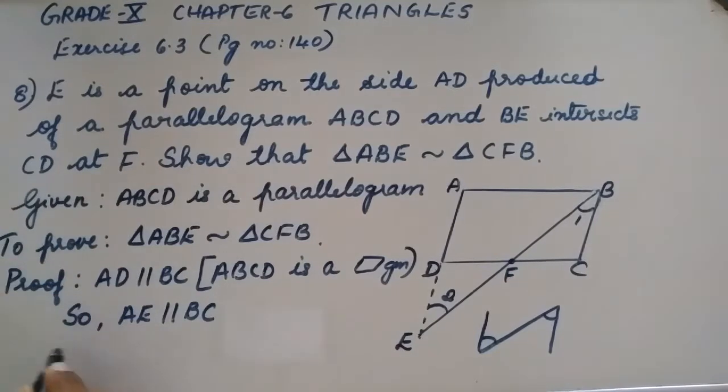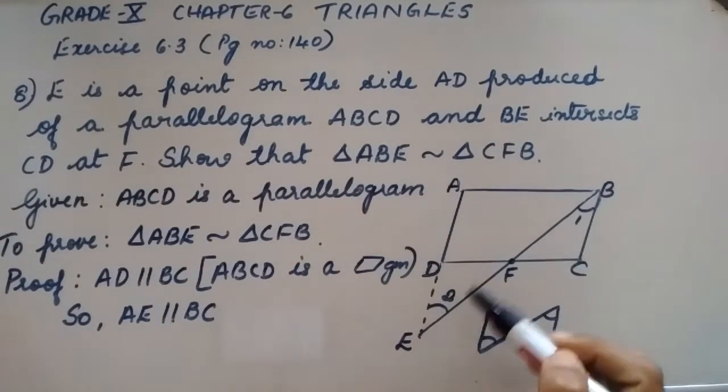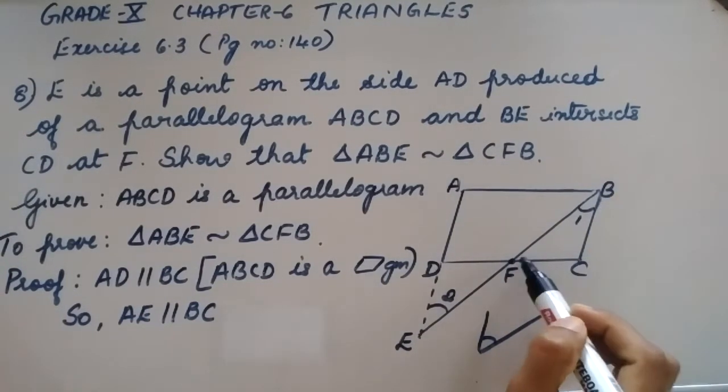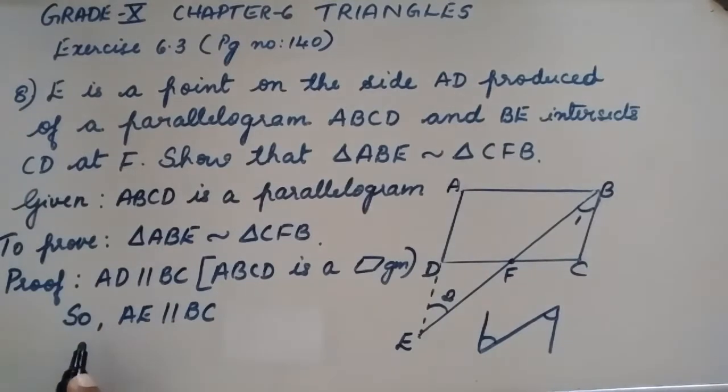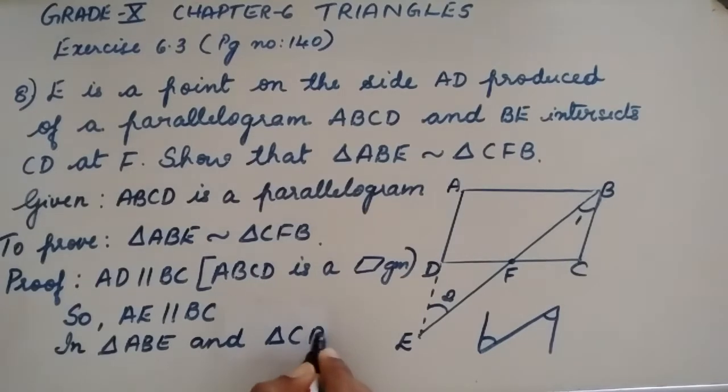Did you get it, students? So in triangle ABE and triangle CBF, angle 1 equals angle 2.